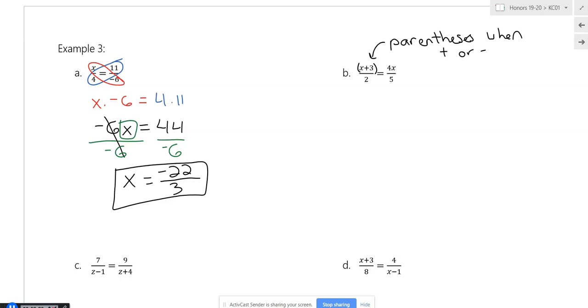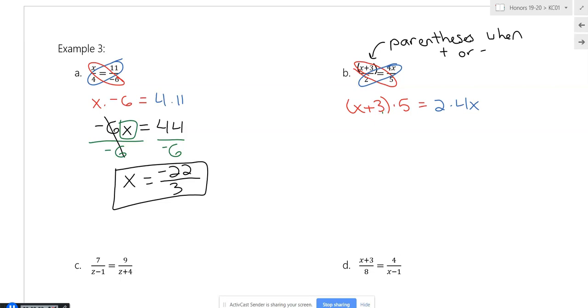So now that I have those parentheses, I can multiply here. So I have (x plus 3) times 5. So multiply my extremes and then multiply my means. When I multiply (x plus 3) times 5, I want to make sure I have parentheses, because without them, you might just multiply the 3 and the 5.